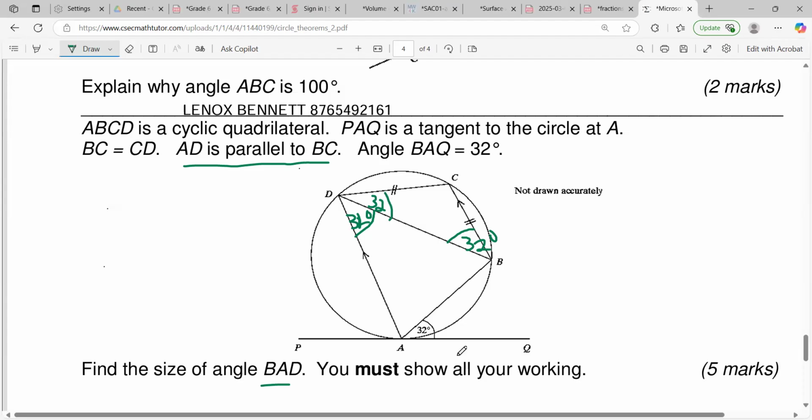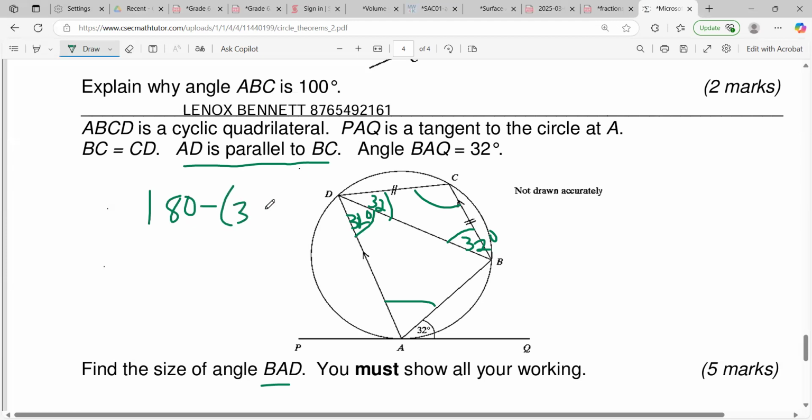So 32 plus 32 is 64. So I can figure out this one, as I know that this plus this gives me 180. So it will be 180 minus 32 plus 32.